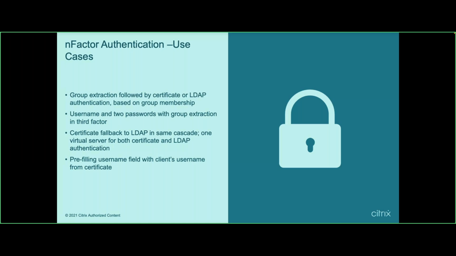Or you can have authentication based on group membership. Some organizations can get the user properties from the Active Directory and see the authentication requirement. So these are some of the factors that we require for authentication.